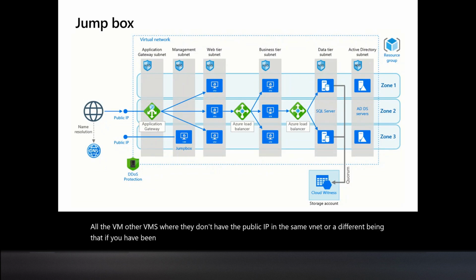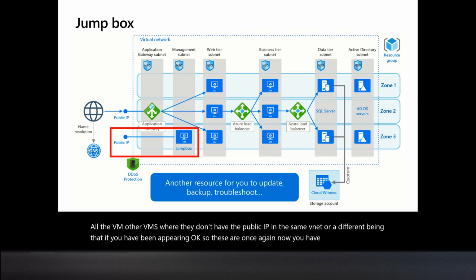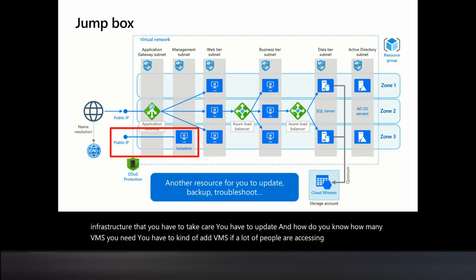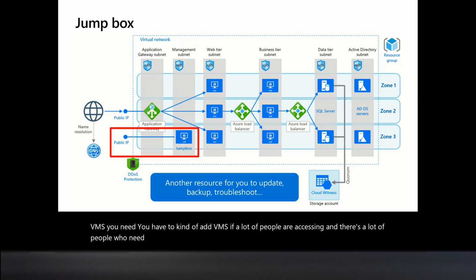Once again, now you have another piece of infrastructure that you have to take care of and update. And how do you know how many VMs you need? You have to add VMs if a lot of people need to access these machines and use those jump boxes.